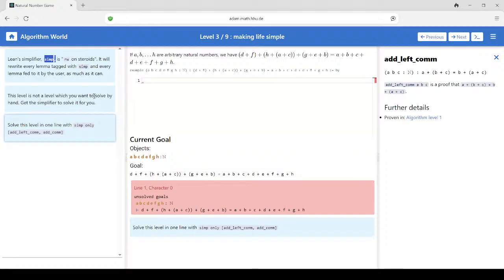This level is not a level you want to solve by hand. Get the simplifier to solve it for you. So we have D plus F. Yeah, we have just a whole bunch of letters all the way through H.